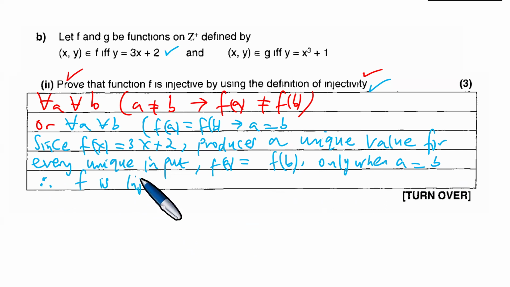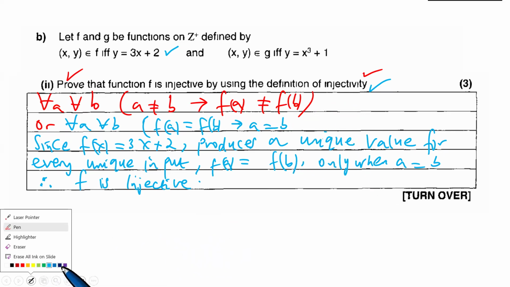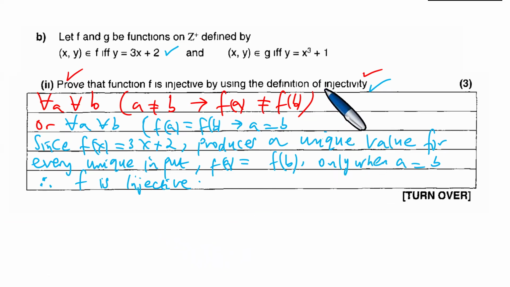Let's just reason about this proof a little bit for just a minute. We need to prove that f is injective by using the definition of injectivity. What is the definition of injectivity? It comes twofold.